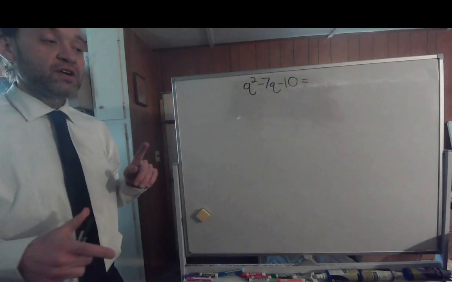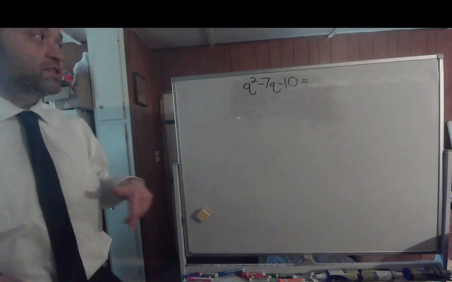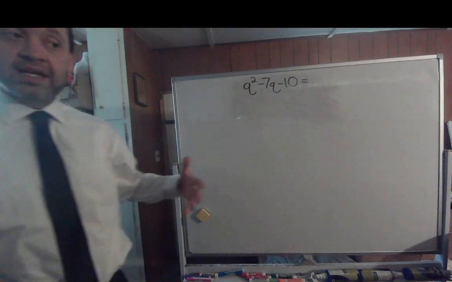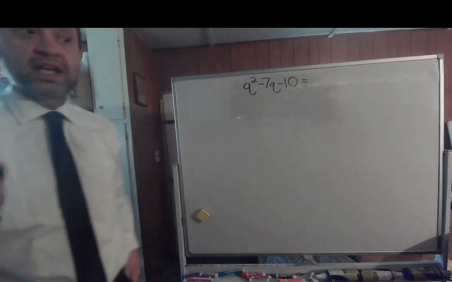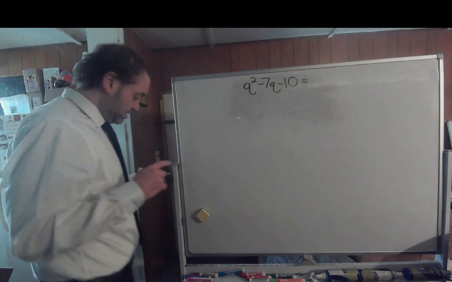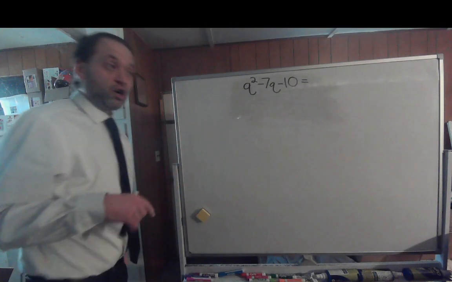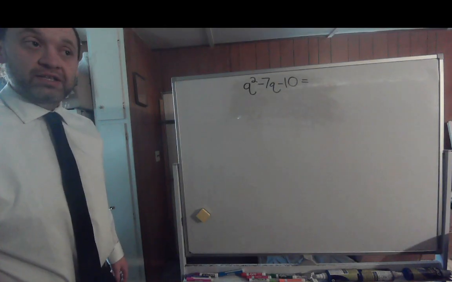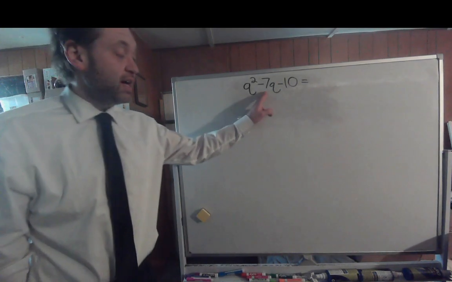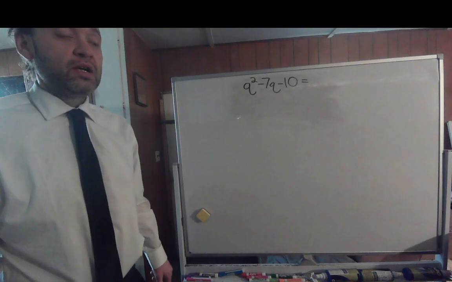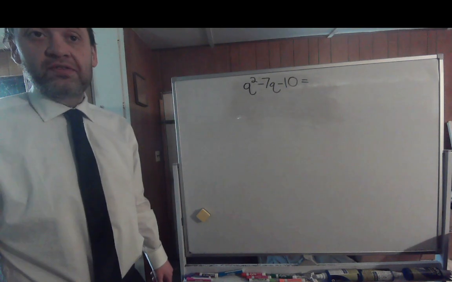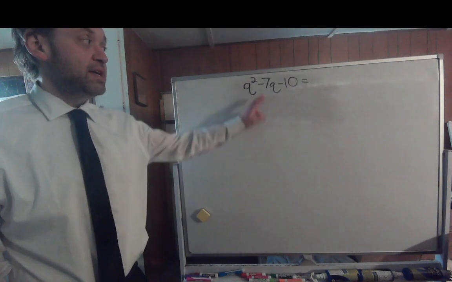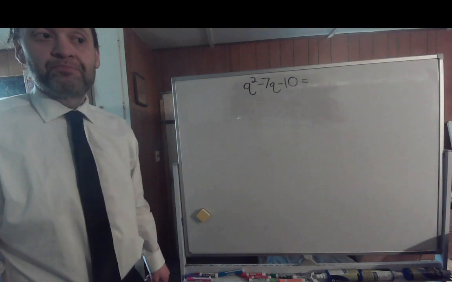So we need to figure out a positive and a negative factor for negative 10 that when added together will give you a middle coefficient of negative 7. Well, let's start with negative 1 and positive 10. You add those together, you would get positive 9, definitely not working. So how about 1 and negative 10? You would get negative 9, not working.